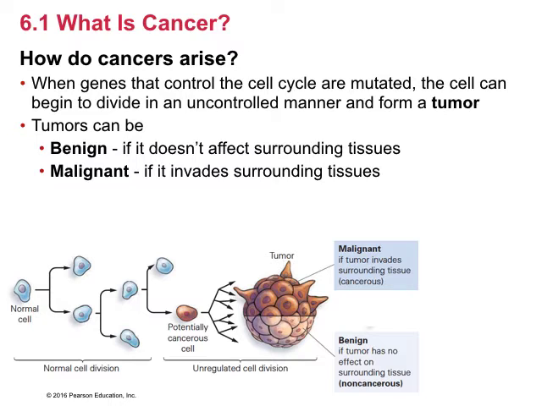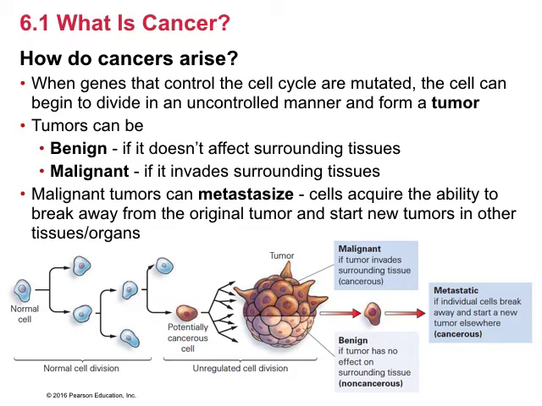So like if it begins to invade the actual, for example, muscles that the tumors might be growing next to, or they can begin to invade the lung. And eventually these malignant tumors can metastasize, which means that the cells break off and form new tumors.